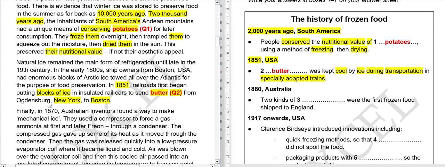So they are transporting from New York to Boston, in specially adapted trains, so in insulated rail cars. Okay, so they were sending butter from place A to place B in insulated rail cars, specially adapted trains, because in normal trains you do not find insulated compartments or insulation of this kind to send butter from one place to another.